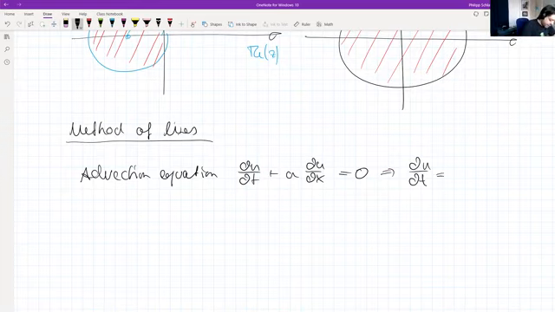So we get du dt is L of u. L is then some kind of spatial operator, and in this case it would be minus a times du dx.